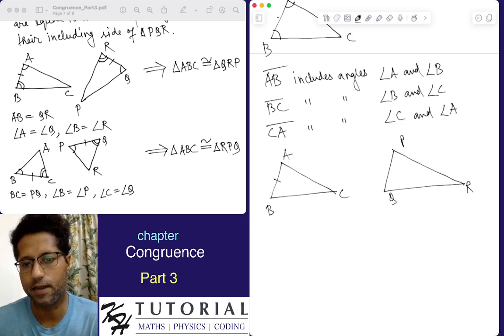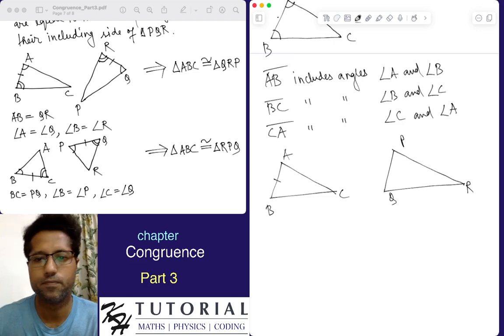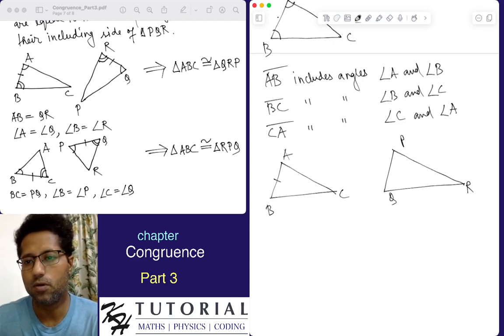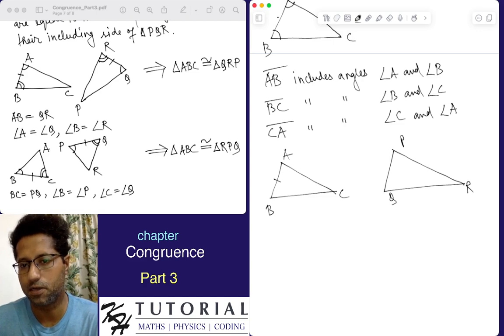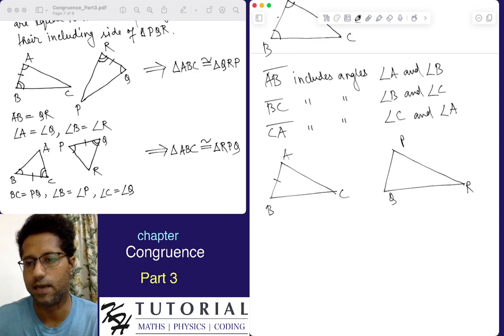I'm considering the side AB of triangle ABC, and the corresponding side of AB is the side PQ in triangle PQR.